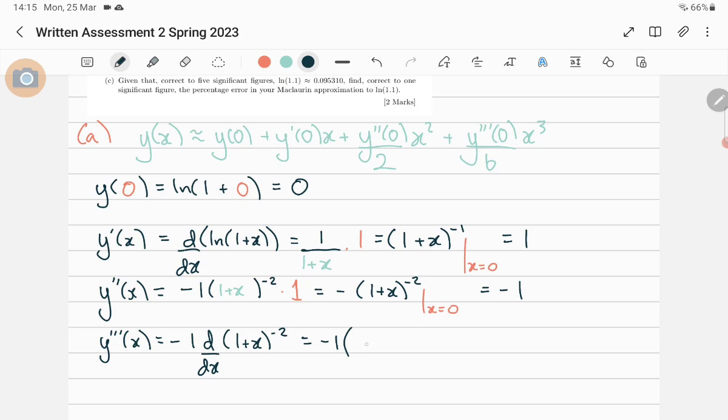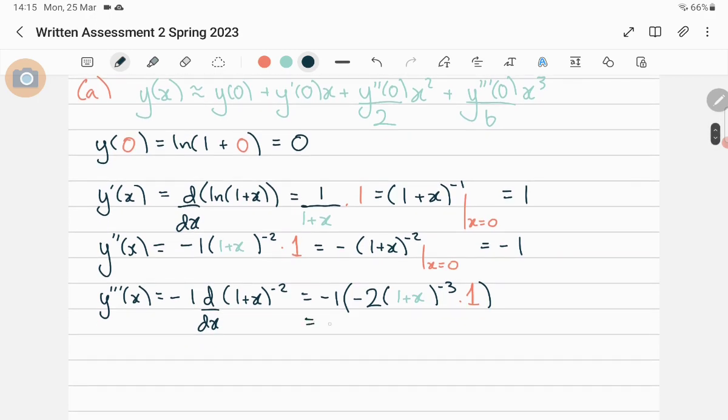The derivative of x to the minus 2 is minus 2 times x to the minus 3. Evaluate the inside, which is 1 plus x, times the derivative of what's inside, which again is just 1, which makes no odds. So I got minus 1 by minus 2, I'm looking at plus 2, 1 plus x to the minus 3. And if you evaluate that at x equal to 0, you'd end up with 2 times 1, which is 2.